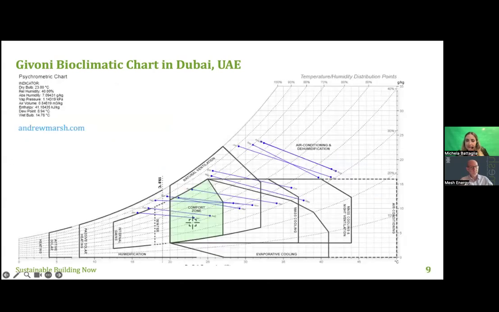This is the program that I mentioned before. You can use this free website actually. The name is andrewmarsh.com, and you can upload the climate data from everywhere around the world, and then the website creates this graphic for you, and here you can see for each month an average.